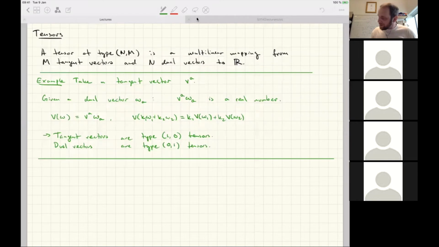So does anybody know about more examples of tensors without looking in the lecture notes? The moment of inertia tensor. Yeah, right. The moment of inertia, for example, that's a physical example of a tensor.